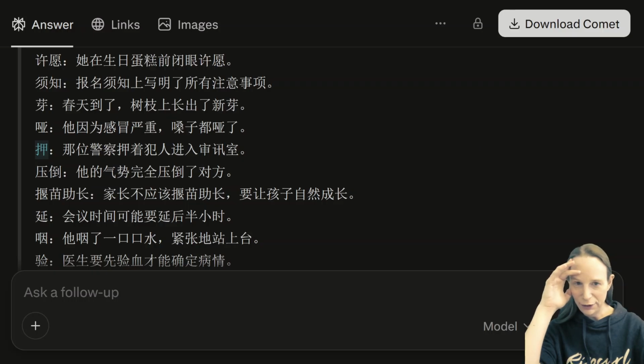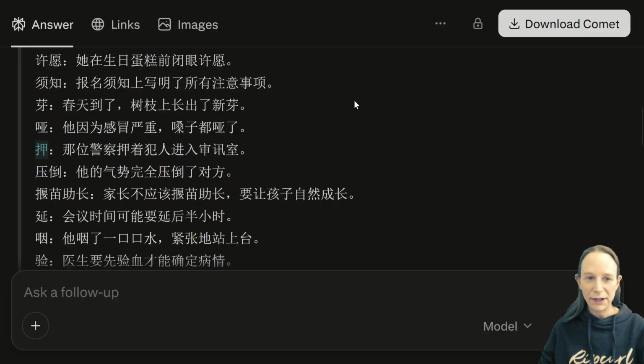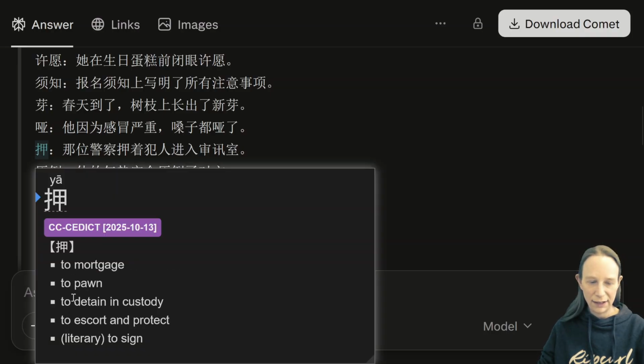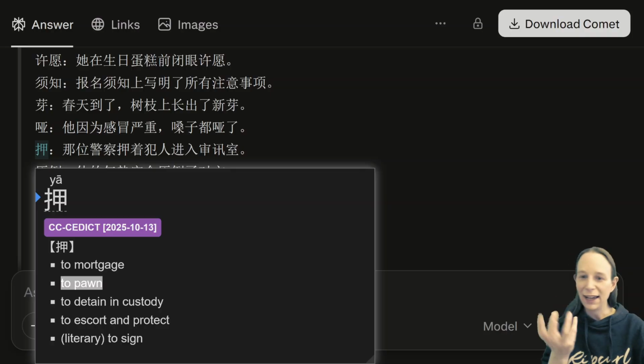I'm not entirely sure what this means by itself. It doesn't like detain or something, is it? I don't know. I don't remember. But you see it in the word yajin, to deposit. Oh, it is detain, mortgage, to pawn. So this means to take an item you own and just sell it. What's the difference between selling something secondhand and pawning it?